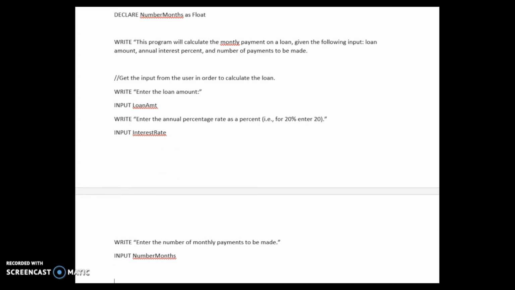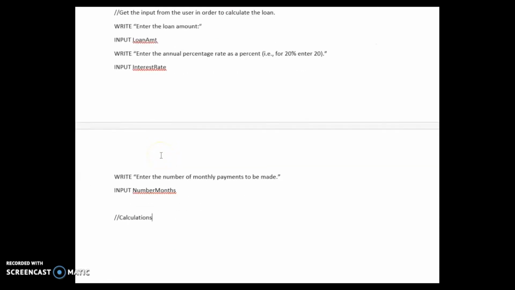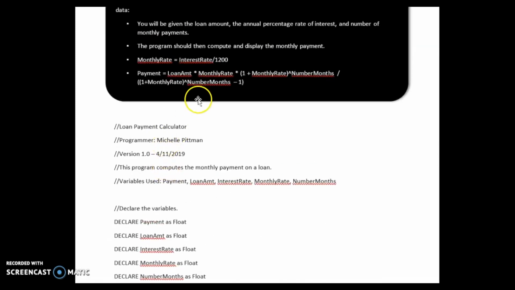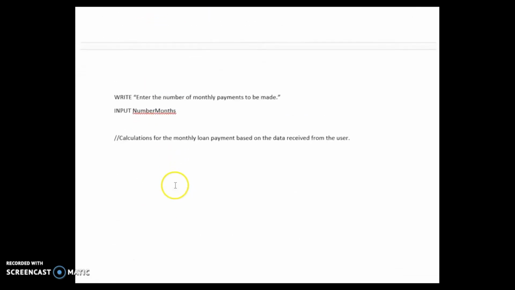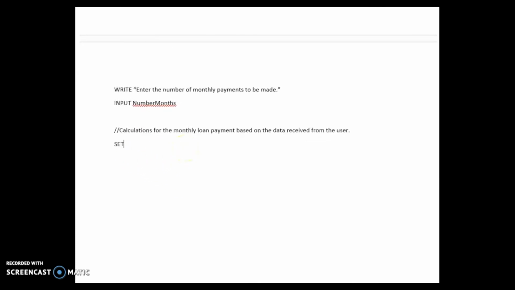Now I need to calculate. So calculations for the monthly loan payment based on the data received from the user. I'm going to go back to the information I was given. I know that I need to set the monthly rate equals interest rate divided by 1,200.